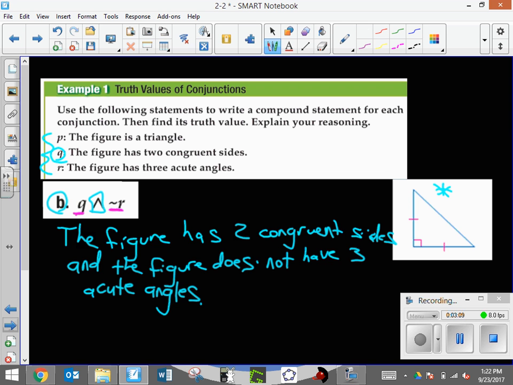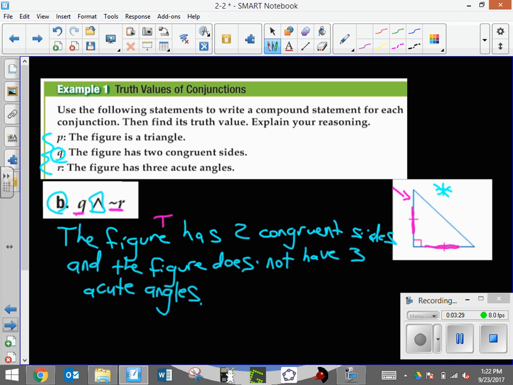Okay, so we're going to look at this statement that we have written. The figure has two congruent sides. I'm going to come over to my triangle, and I can see that that's a true statement. This side right here is congruent to this side, so I do have two congruent sides. That portion is going to be true. I'll write a little T here to keep that straight in our heads.